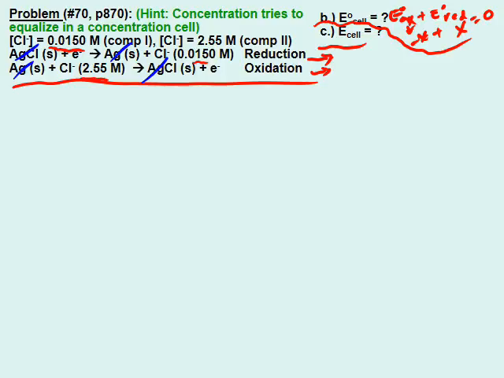Each way you get the same thing. Now electron on the left, electron on the right, same number. So overall, by adding these two reactions, we get Cl minus 2.55 molar equals Cl minus 0.0150 molar.